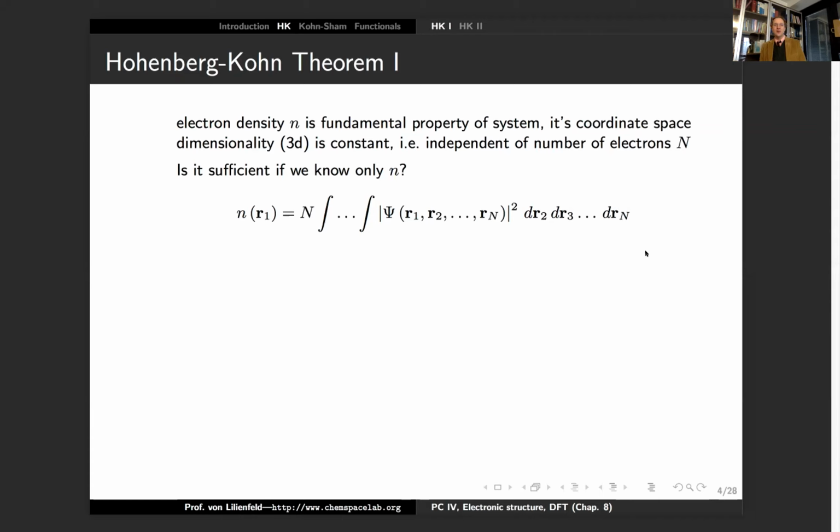So here again, you see it, we integrate out all 3D coordinates for all the n electrons but 1, okay? So this is a projection onto a low-dimensional manifold, and it is really not at all obvious that this should be sufficient, that this is enough to describe the entire quantum mechanics of your system.